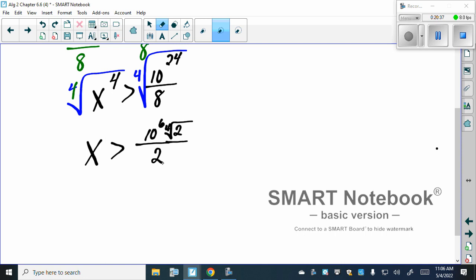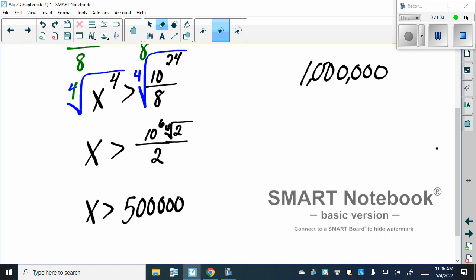And there is a simplification we need to do technically with the 10 to the 6th and 2, but because 10 to the 6th, 3, 4, 5, 6 is 1 million. So really what we're saying is that x is greater than 500,000 times the 4th root of 2.